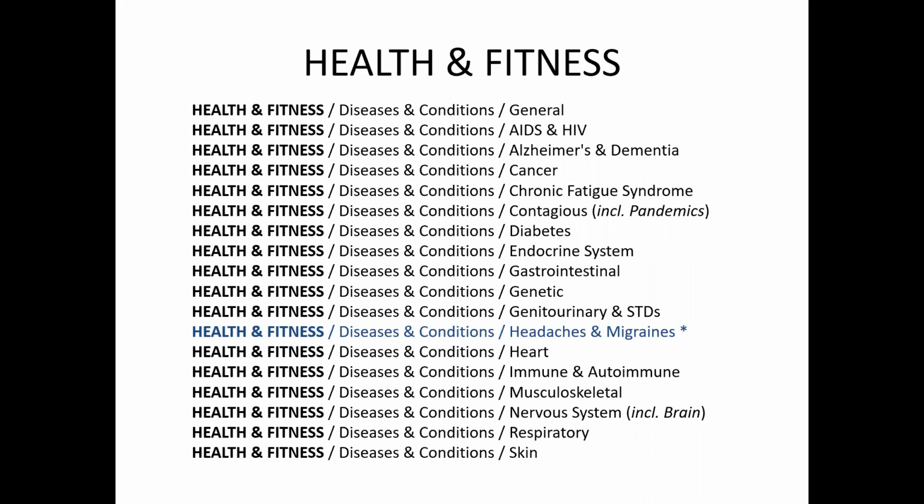As you can see, we added it. And we didn't think that fit very well into a tree with just diseases. So, changing it to diseases and conditions allowed us to put headaches and migraines into that tree. So all of the changes to health and fitness were a result of that decision.